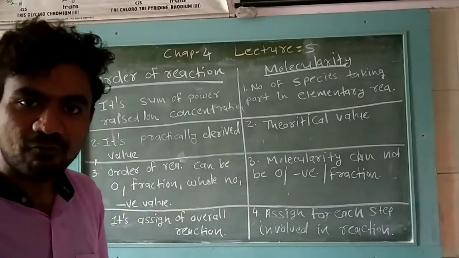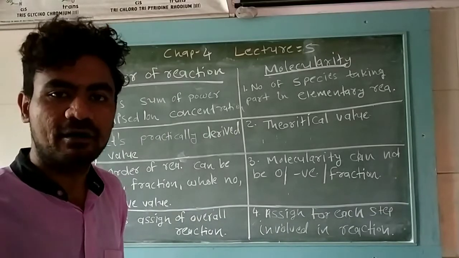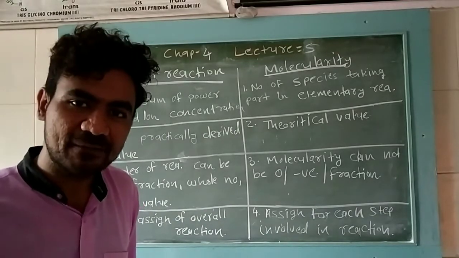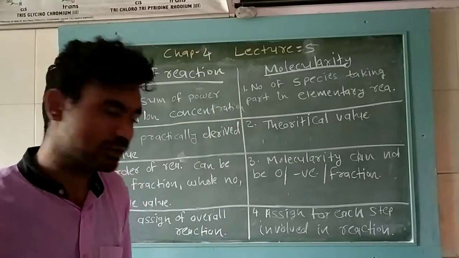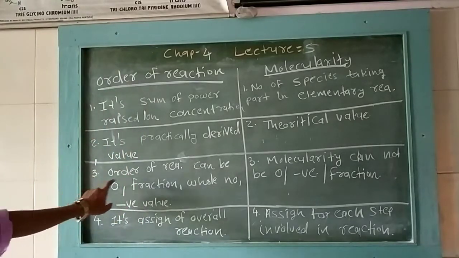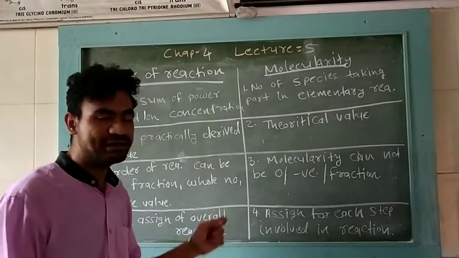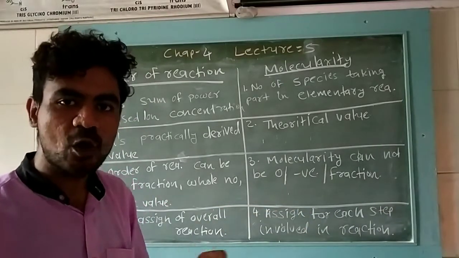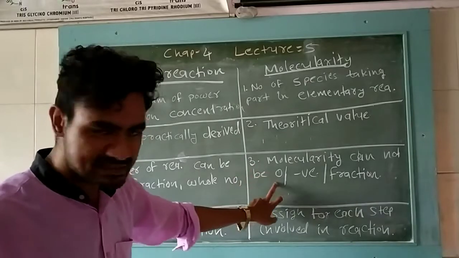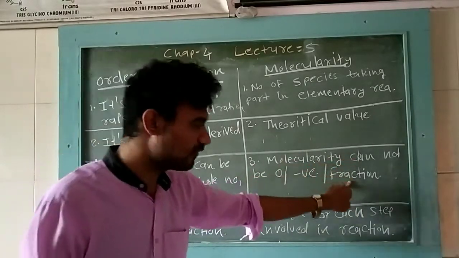Suppose 0, 1, 2, 3, 1 and a half, 2 and a half, minus 1, minus 2. That value can be the order of reaction. But in the case of molecularity, it is only a positive whole number. It cannot be 0, negative or a fraction.